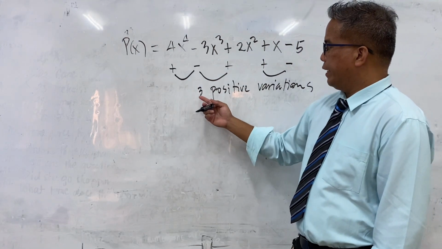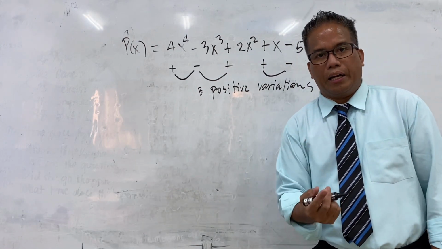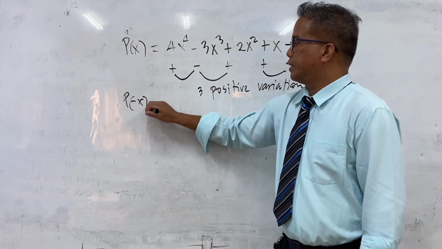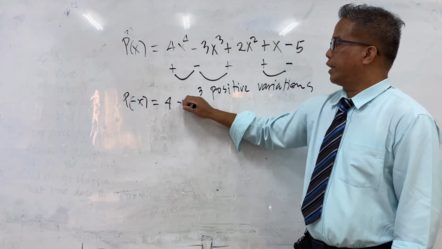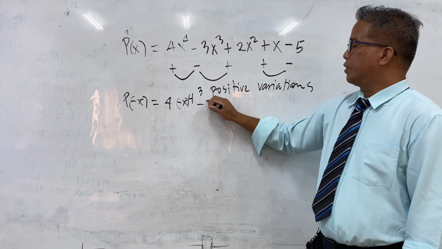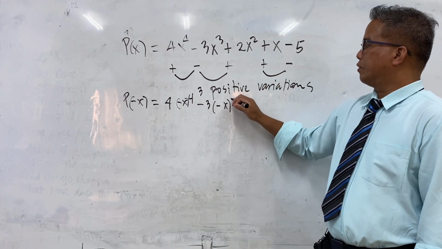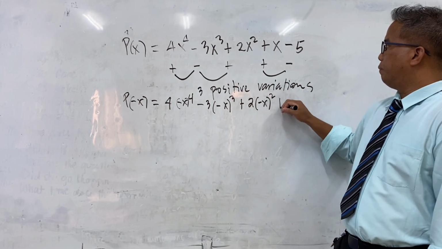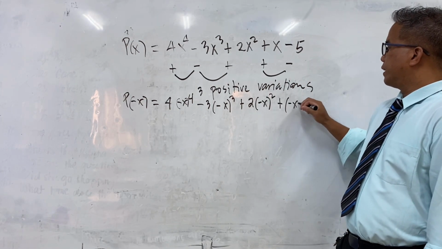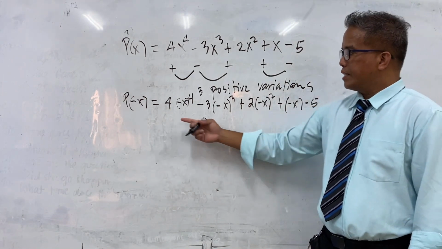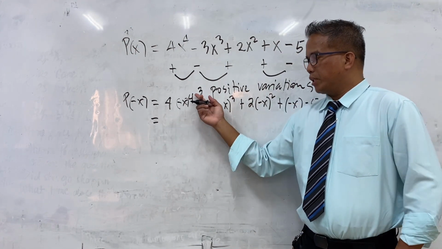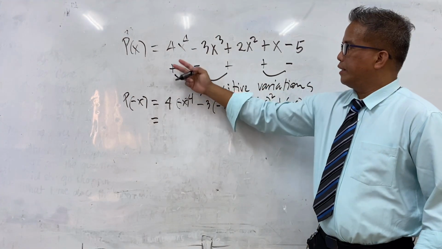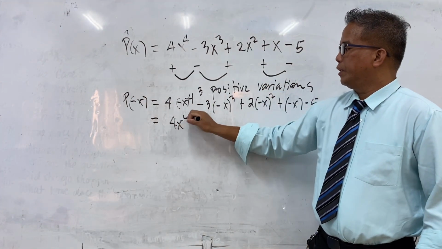And then to find the negative variations, we will use P of negative x is equal to 4 times negative x raised to 4 minus 3 times negative x raised to 3 plus 2 times negative x raised to 2 plus negative x minus 5. Then simplify. If the exponent is even, the sign is retained, the same, 4x raised to 4.